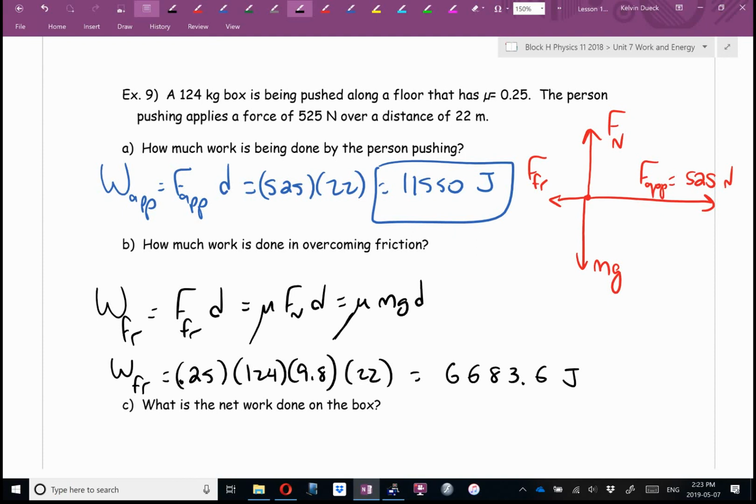You just said the word. Yep. That's energy lost to heating up the floor. We put in 11,550 joules of work, but not all of that was on the box itself, making it speed up. A lot of that was just overcoming the friction between the box and the floor. We're heating up the floor, same way as when you pulled your hand back, you heated up your hand.